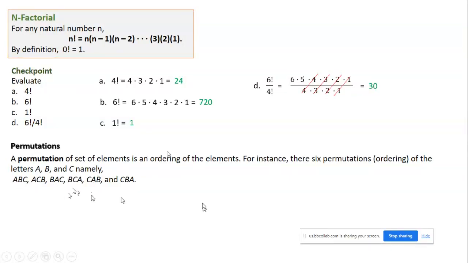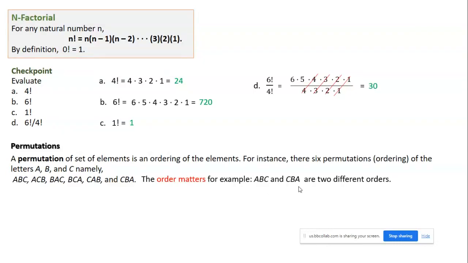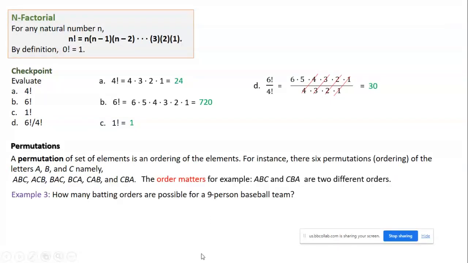These are all the different ways that we can order them. If the order matters, ABC and CBA, even though they're the same letters, just backwards, are two different orders.